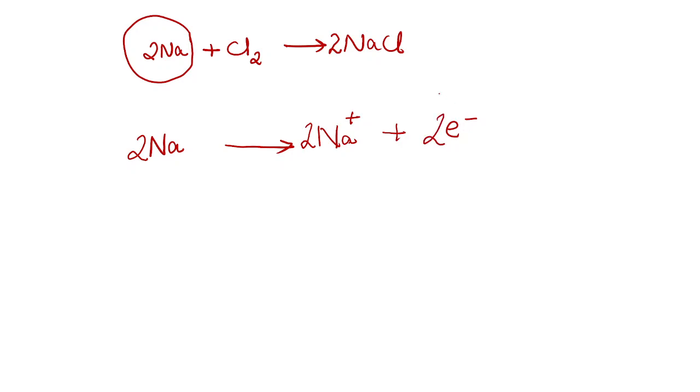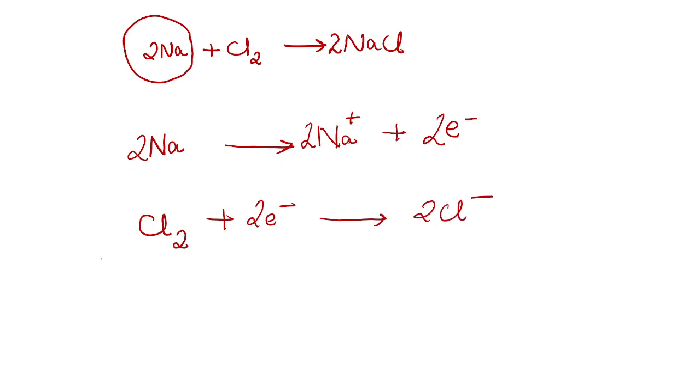Now if these 2 electrons are released, somebody has to accept them. These 2 electrons are accepted by this Cl2 molecule. So Cl2 will accept these 2 electrons and they will form 2 Cl-.